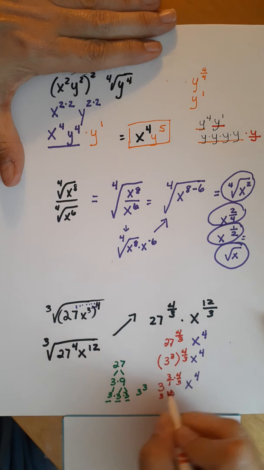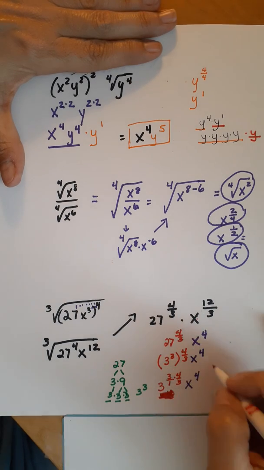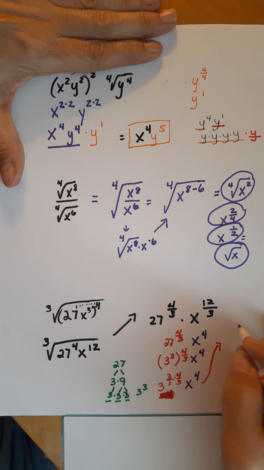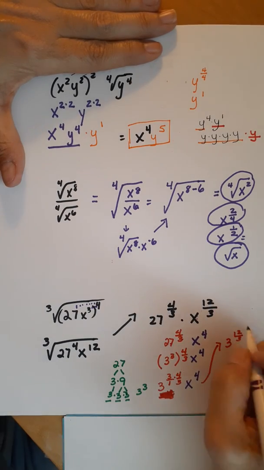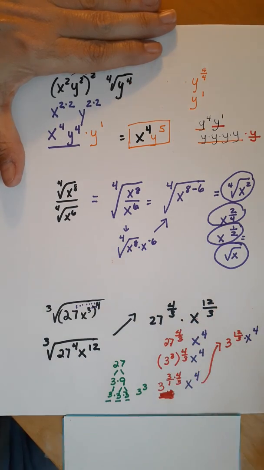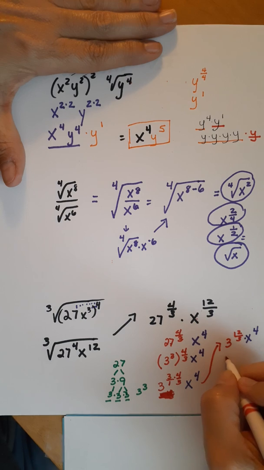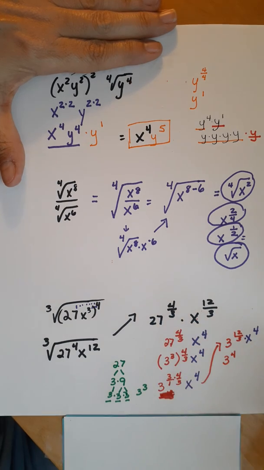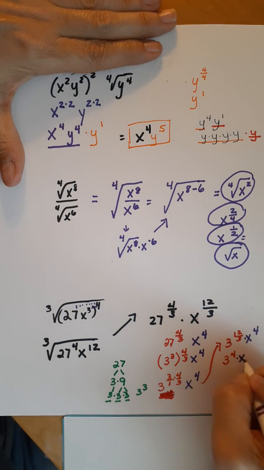Oops, that's getting messy. Let me write that up here. 12 divided by 3 times x to the 4th. What's 12 divided by 3? 4. So 3 to the 4th times x to the 4th.